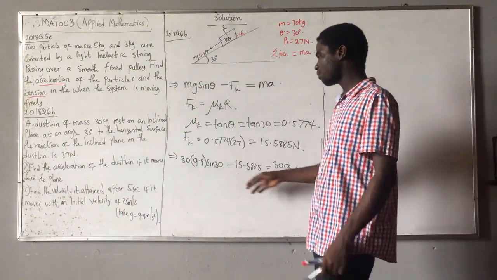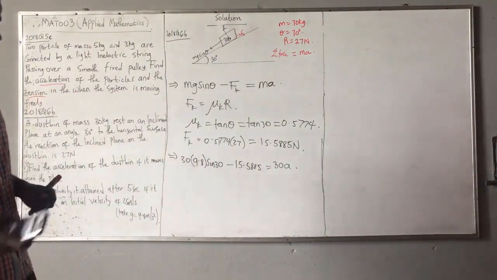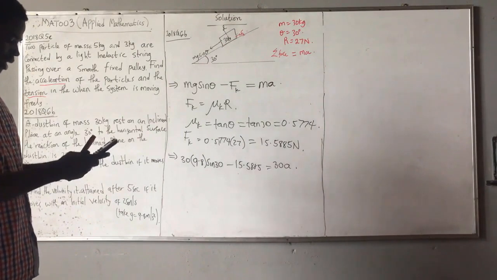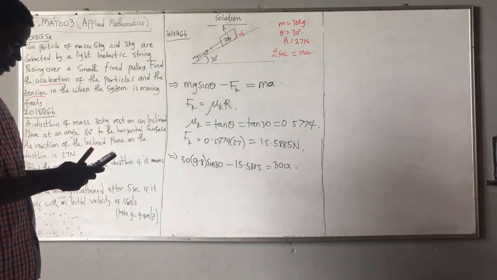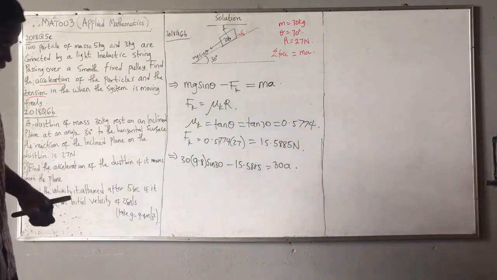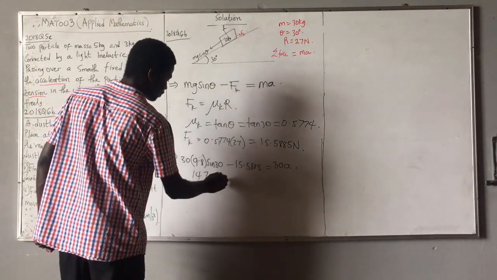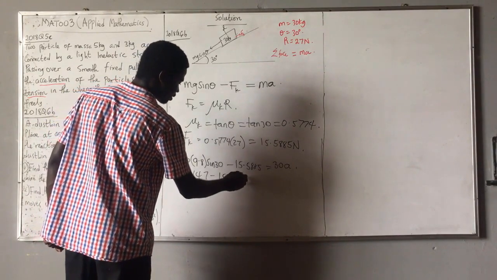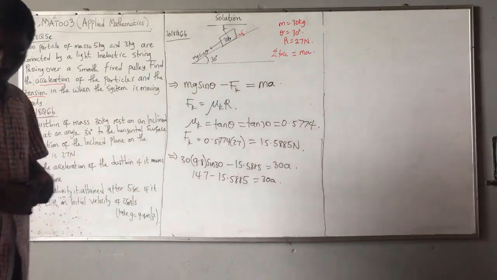So what do I have here? Of course, I will need to use the calculator here so as to get an answer. 30 multiplied by 9.8 multiplied by sine 30. The answer is 147. So this is 147 minus 15.5885.